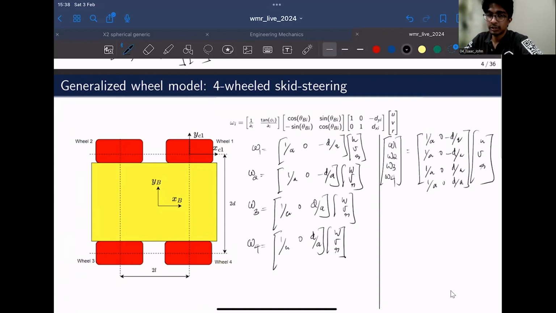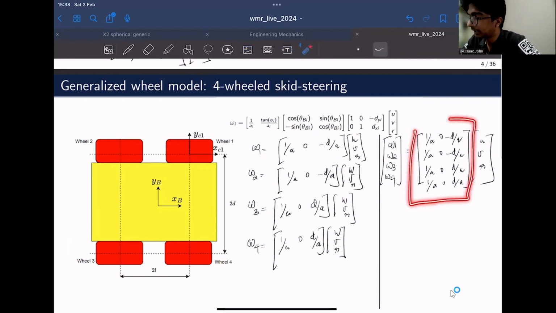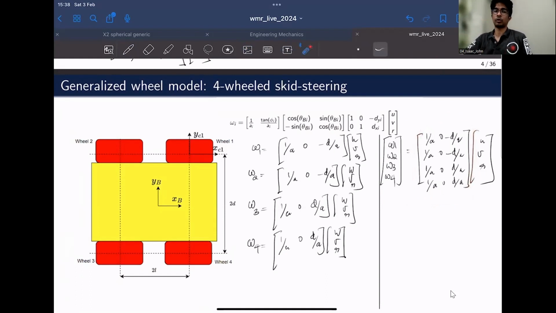And if you take the pseudo inverse of this matrix, you will get the wheel configuration matrix for the skid steering robot.